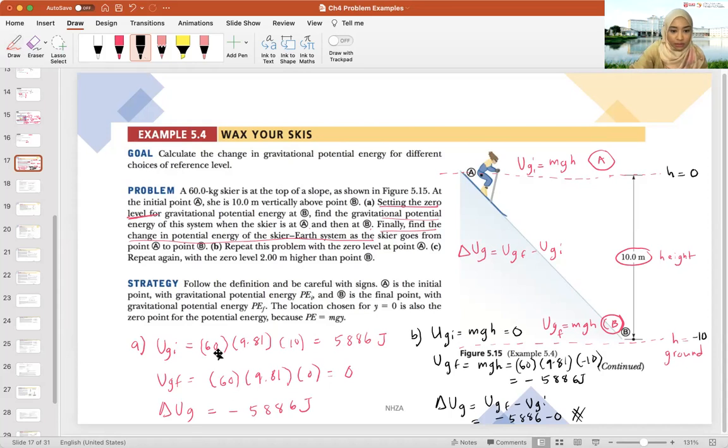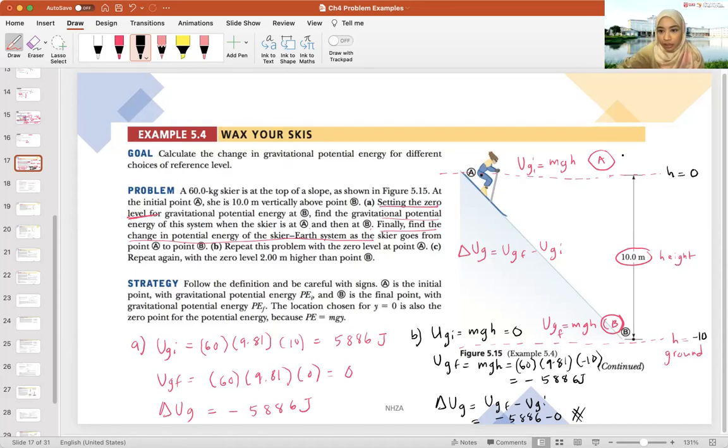Okay, let me go here. So UG initial is 5886 joules, when h equals 10, and this is h equals 0. So at h equals 0, the energy at this point is less than point A by 5886. Do you understand what I'm saying? It is relative energy.